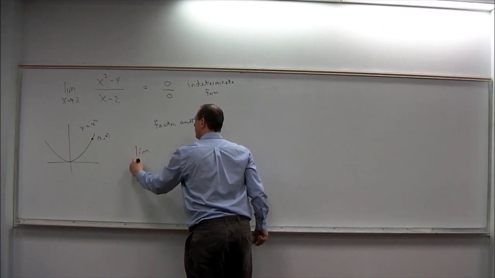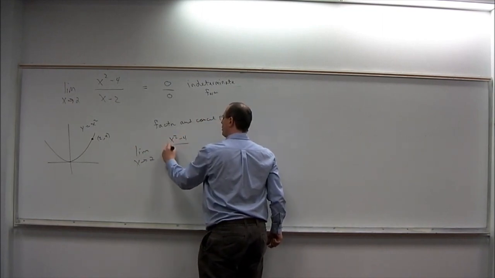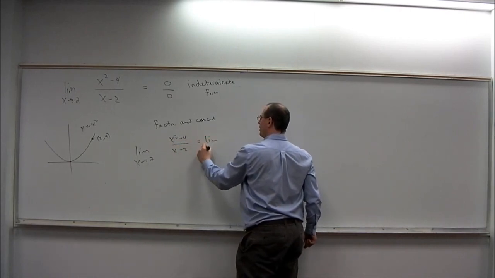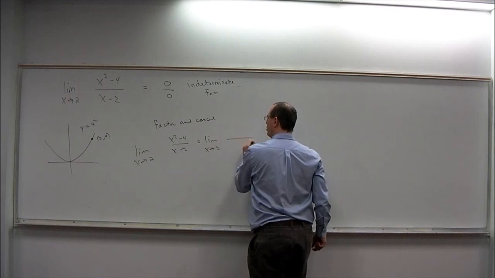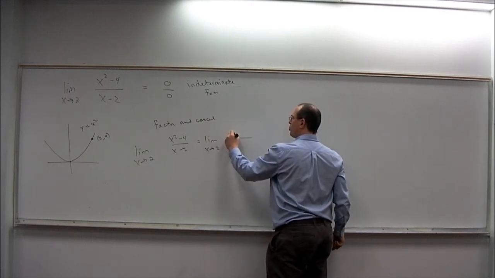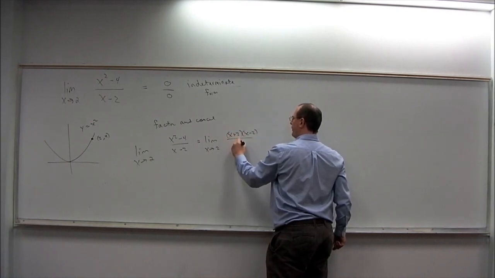So the limit as x approaches 2 of (x squared minus 4) over (x minus 2) is equal to the limit as x approaches 2 of, the numerator here factors as a difference of 2 squares, (x plus 2) times (x minus 2).